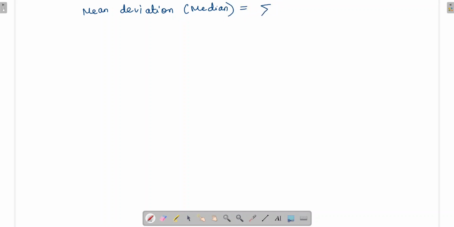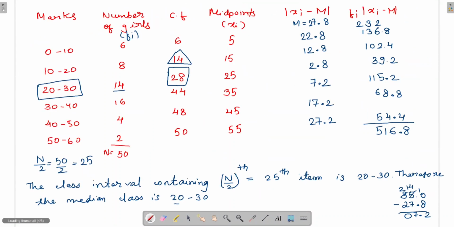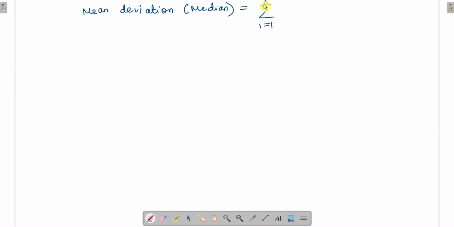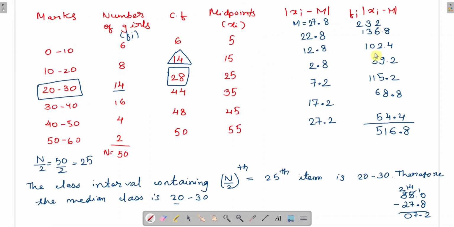So that is summation i going from 1 to 6, there are 6 values, fi modulus of xi minus M, divided by capital N. So this is equal to, so the sum that we have found out is 516.8.